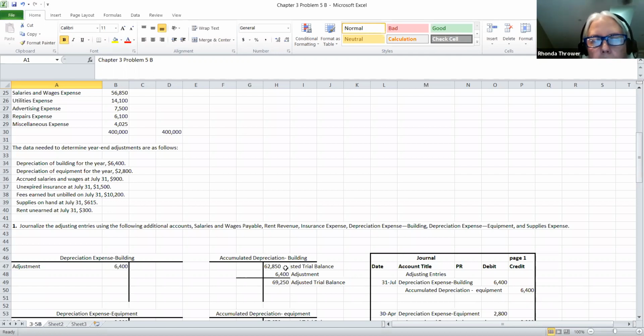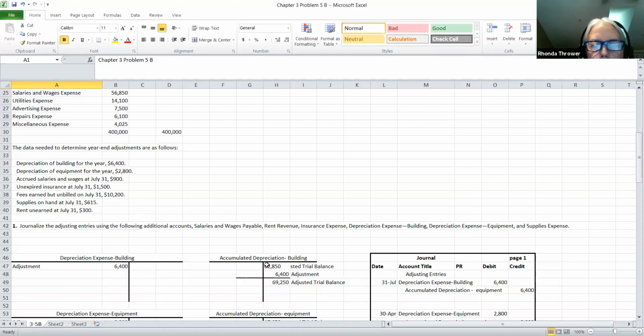The account that we're offsetting is the actual building account, which is an asset account, but we're putting it into a new account that we call accumulated depreciation. Accumulated depreciation has a balance that is opposite of an asset account. So it's always going to increase on the credit side.